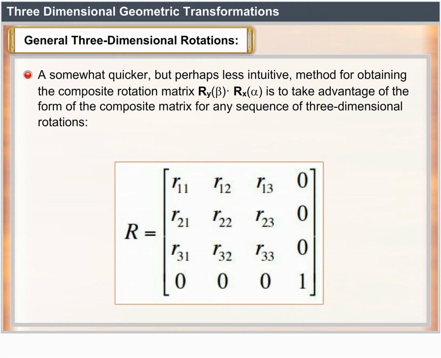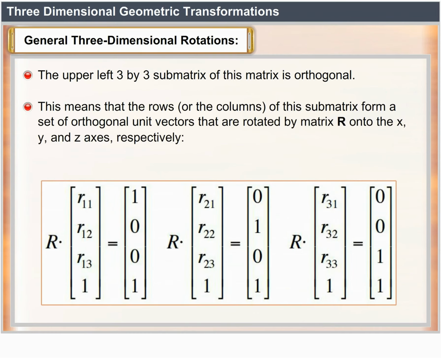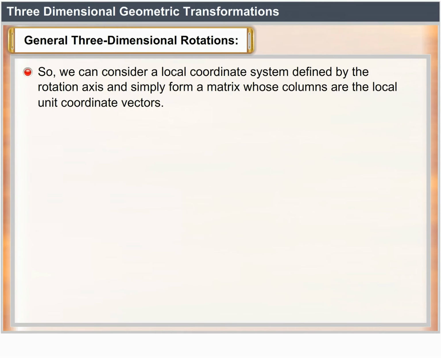This means that the rows or the columns of this submatrix form a set of orthogonal unit vectors that are rotated by matrix R onto the x, y, and z axes respectively, as shown here. Therefore, we can consider a local coordinate system defined by the rotation axis and simply form a matrix whose columns are the local unit coordinate vectors.